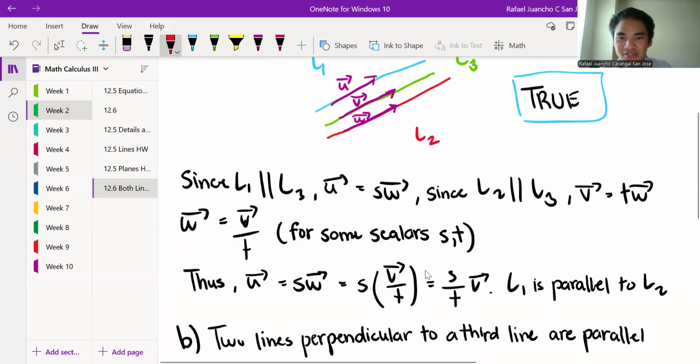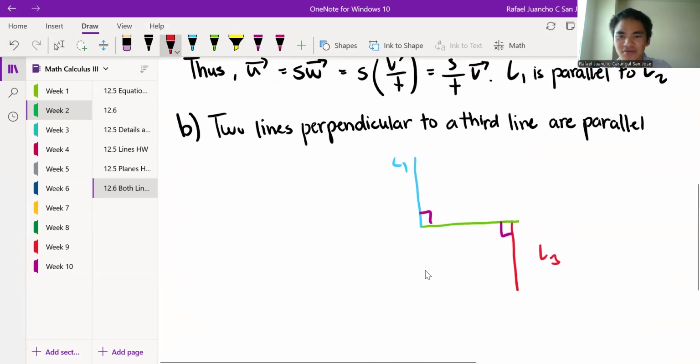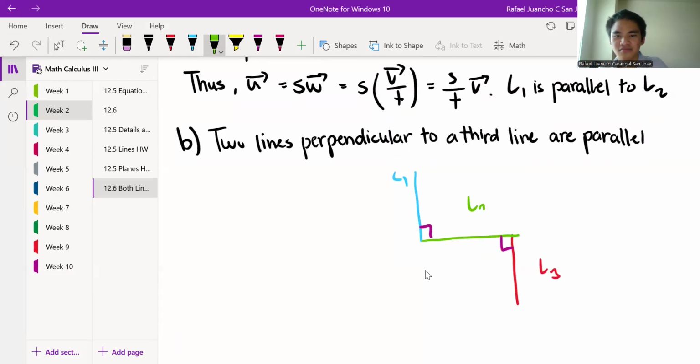Let's switch up the colors. Okay, L1, L2. Then L3 is the one perpendicular. So L1 is perpendicular to L3. L2 is also perpendicular to L3. So we want to determine whether L1 and L2 are parallel.